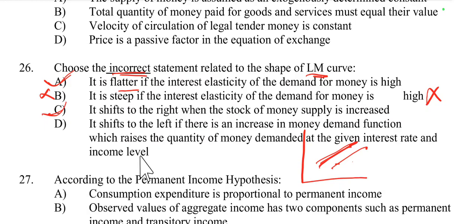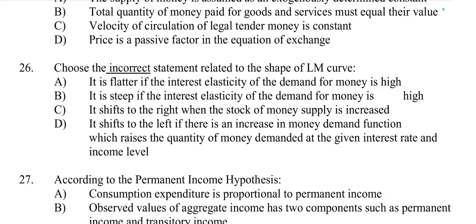Yes, when the quantity of money demanded rises, the LM curve shifts to the left. Option D is also right. So here only option B is incorrect. So the incorrect statement is option B.